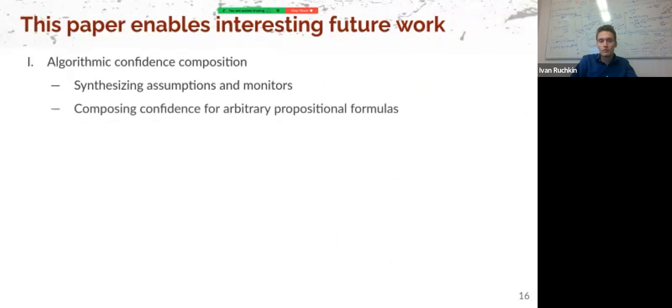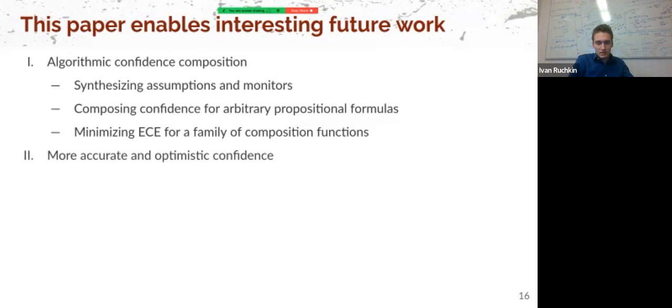Also, we could compose confidences not just for small formulas with conjunctions, but for arbitrary propositional formulas over an arbitrary number of assumptions, using logical reasoning for that. Also, we can take a family of composition functions and try to find the one that minimizes the calibration error for composition. So that's another algorithmic work that is possible.